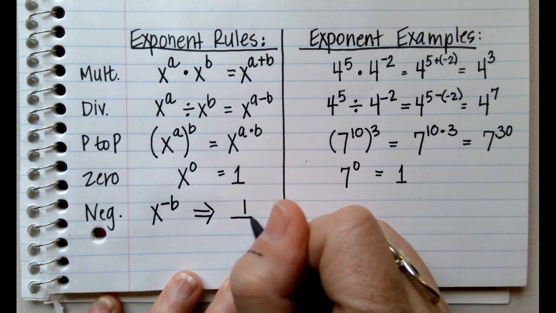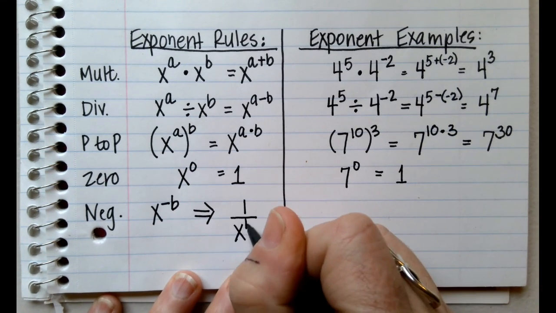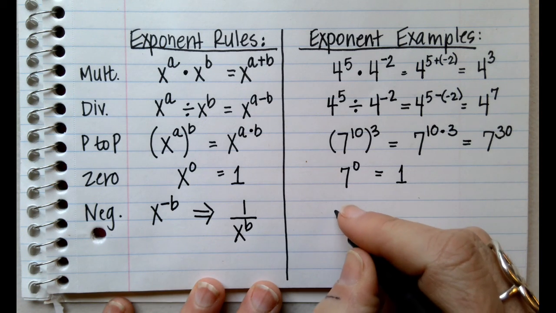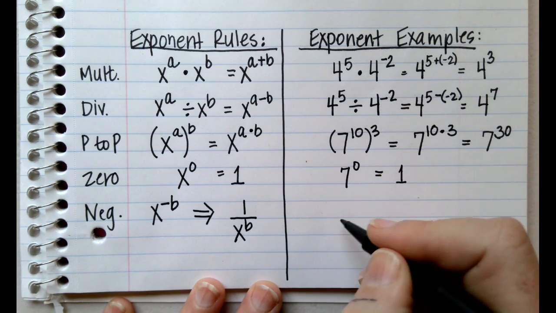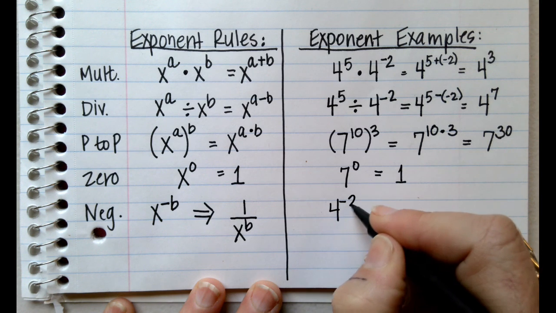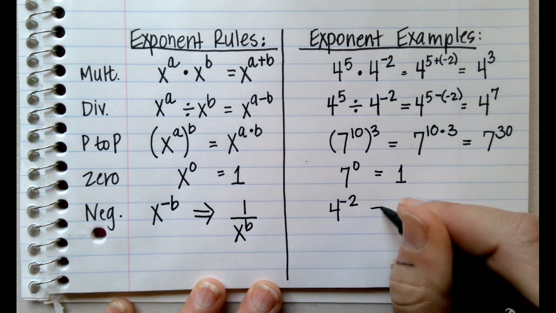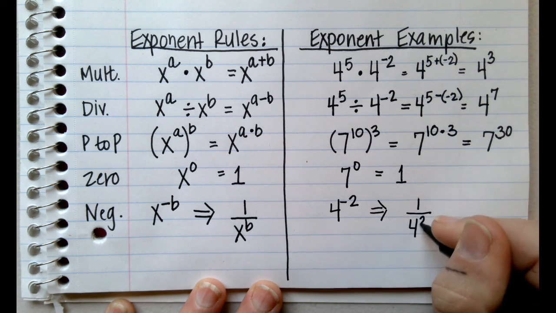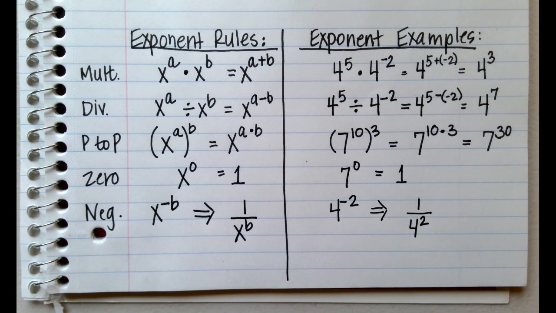So I'm actually going to move it into the denominator, and by doing so, my exponent becomes positive. So let's say that I had the example of, we'll go back up here and take this 4 to the negative 2. If I get this as my answer, I need to convert that into a positive exponent by finding the reciprocal, in this case, flipping it into the denominator, keeping the base, keeping the exponent, just changing the sign of the exponent.